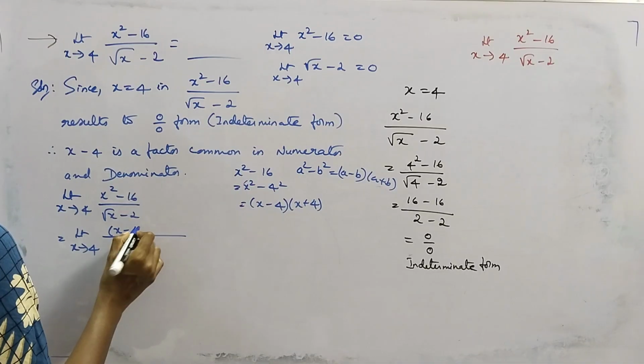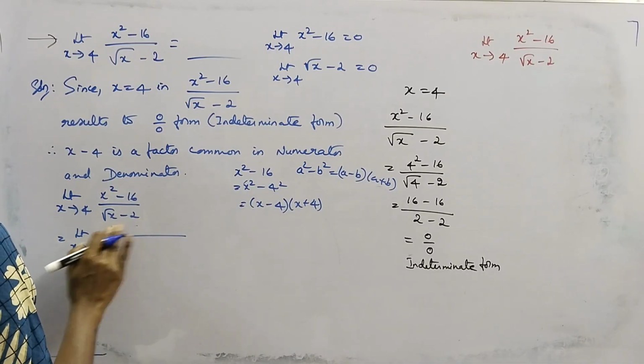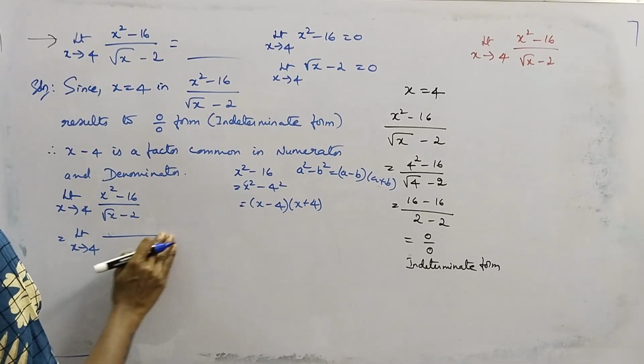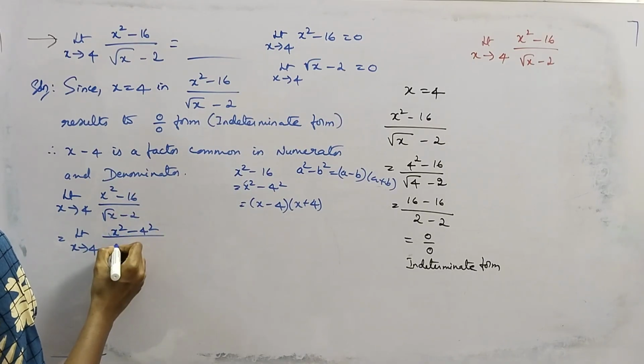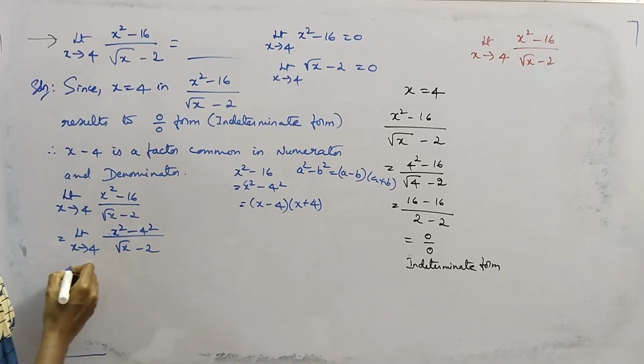So the numerator becomes, you can write one more step, okay? There is nothing wrong in it. It's okay to write one more step. So I'll write this 16 as 4 square and I'll write the denominator as it is.